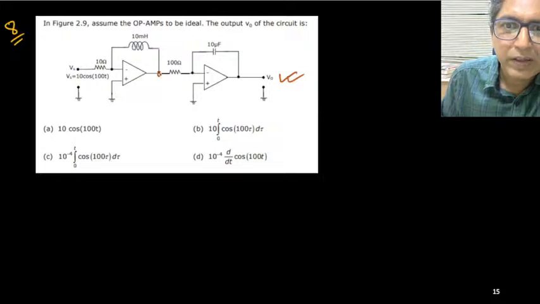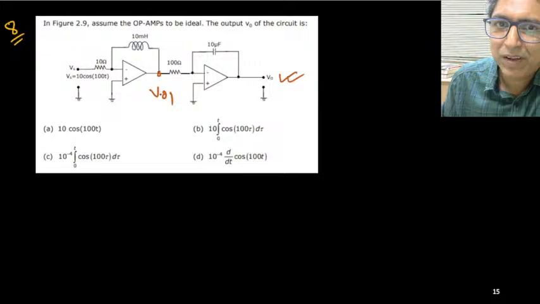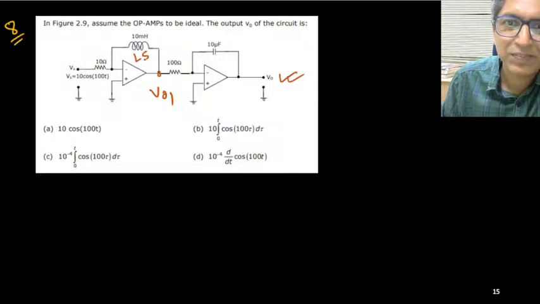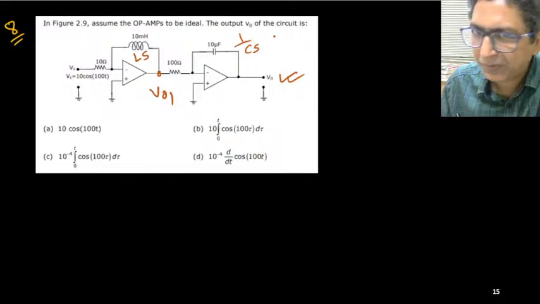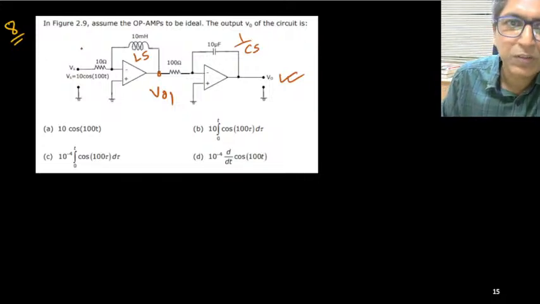So this potential here, V01. The inductor should be replaced by L into S, or j omega L, whatever it is. And this one is 1 upon Cs, or 1 upon j omega C. So this block, what is the gain?